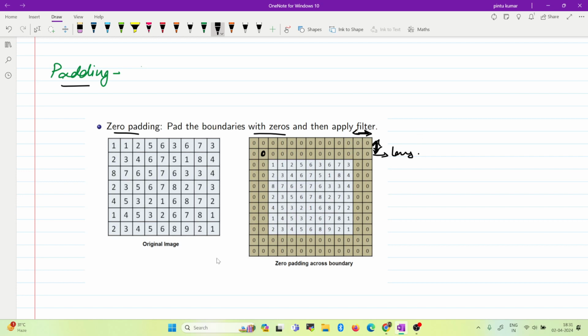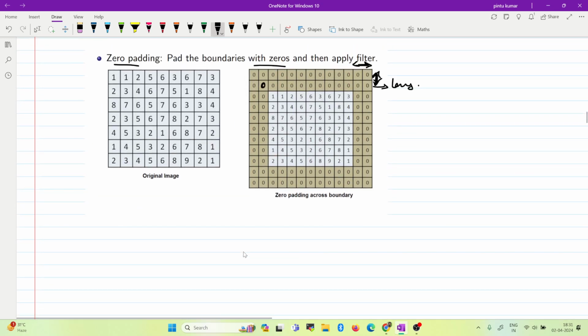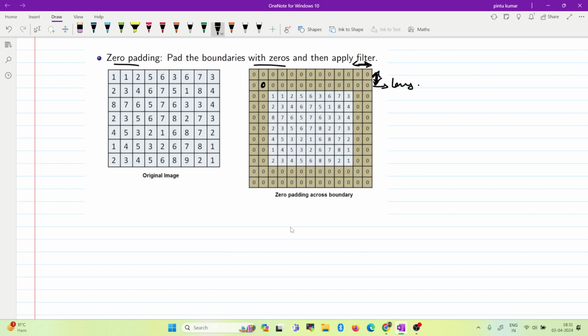There are other kinds of paddings also. I don't recall their exact names, but if you want to add a pad over here, you copy the values that are available over here. So it would be 1 2 8 2 4 1 2.